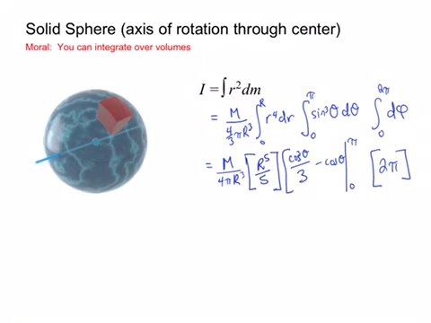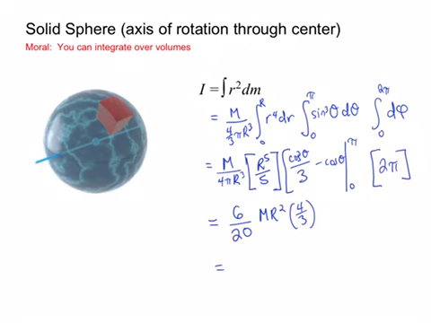So I'm going to combine everything. And if you're following along, after you simplify everything, so you plug in pi for theta, make sure your calculator's in the appropriate mode. Here, we do end up getting something like this: 6 over 20, big M, R squared over 4 over 3.